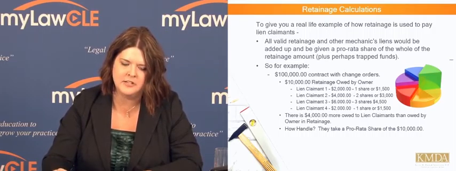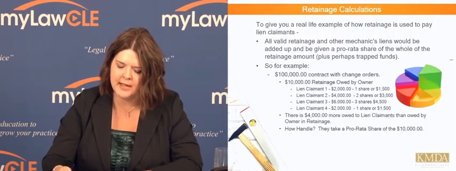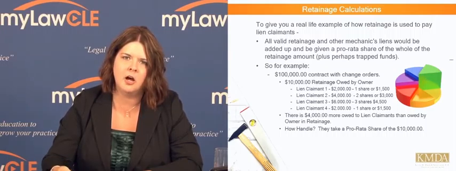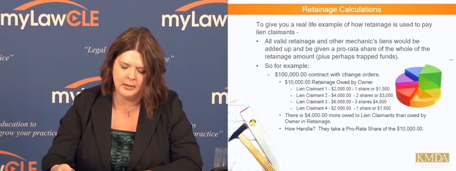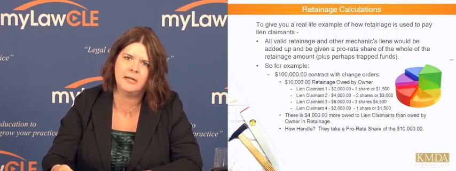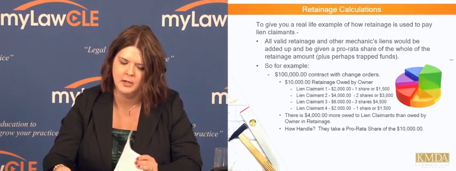Most states that use this system believe that it's a fair way of at least compensating the lien claimants for something, and of keeping the owner from having responsibility for anything more than the 10%.